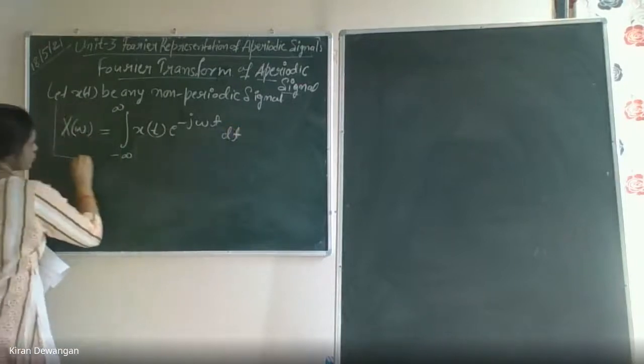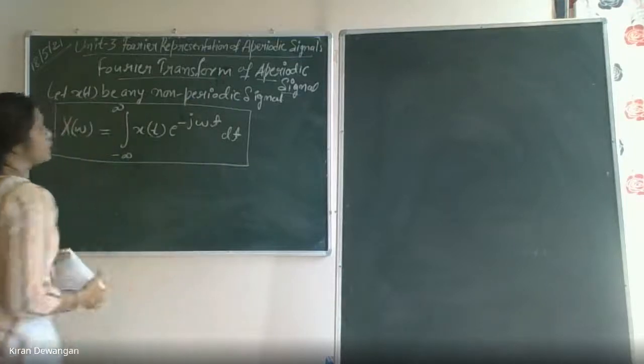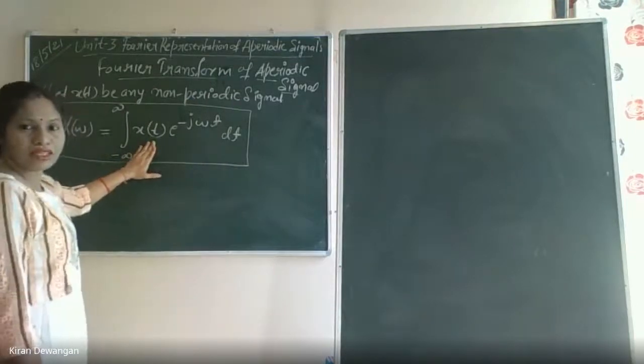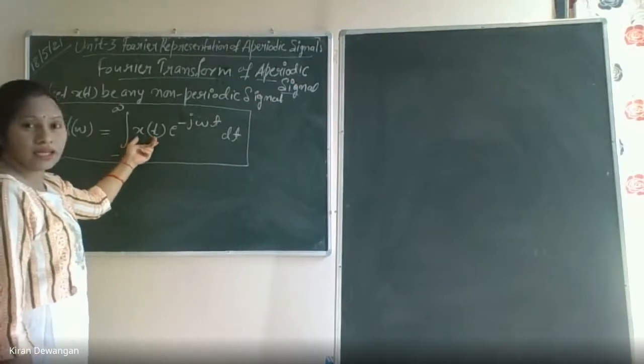This is the way that we convert x of t into X of omega. We are given x of t, which is a signal in time domain.